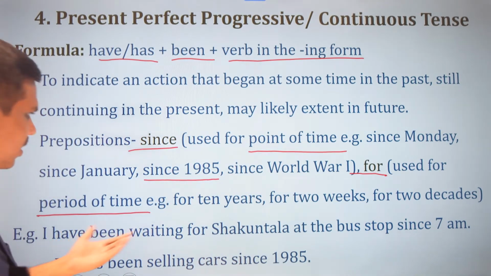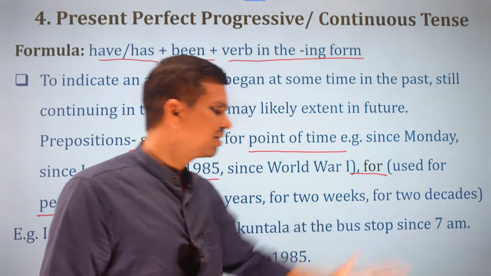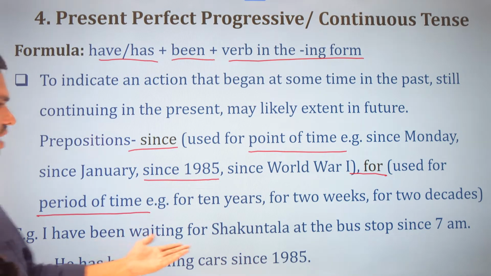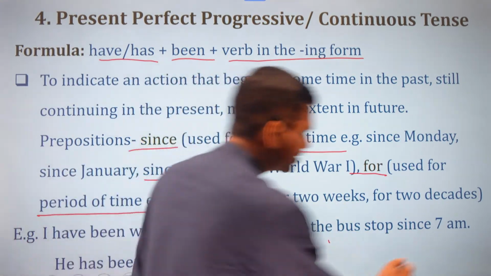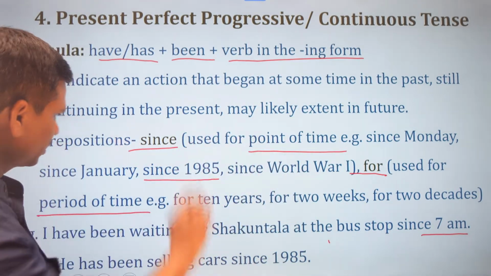For example, for 10 years, for 2 weeks, for 2 decades. And here I have an example: I have been waiting for Shakuntala at the bus stop since 7 a.m. Now 7 a.m. is the point of time, and hence we have used since.